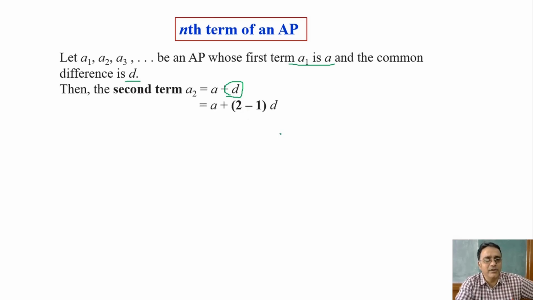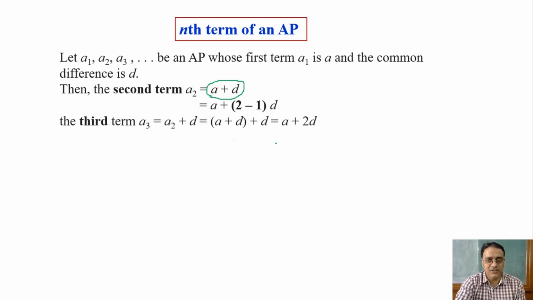Now the third term, how will you write? a plus 2d. थर्ड टर्म कैसे मिलेगा? सेकेंड टर्म में d ऐड करो. You add the common difference to its preceding term. So third term का preceding term a plus d होगा. If you add d to a plus d, again you will get a plus 2d. So again we can write this 2 as 3 minus 1.